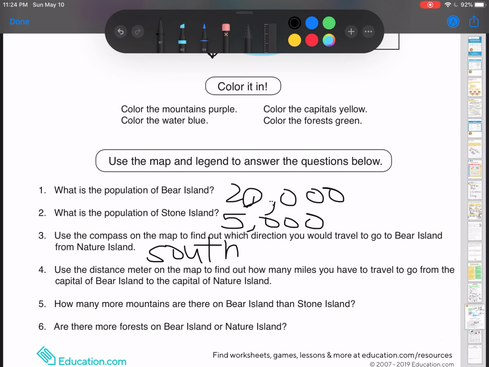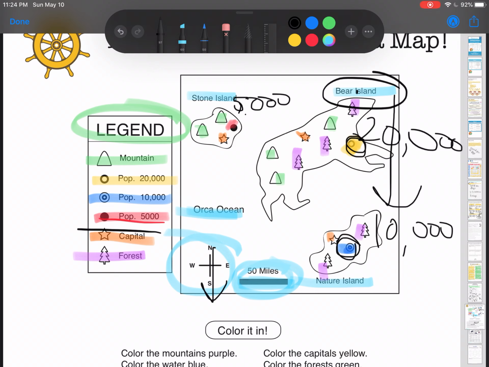Use the distance meter on the map to find out how many miles you have to travel to go from the capital of Bear Island to the capital of Nature Island. So here is Bear Island's capital, and here's Nature Island's capital. Here is our distance. This is about 50 miles, so you can use your fingers to measure.